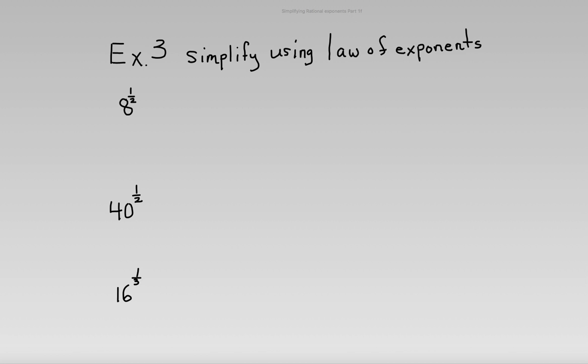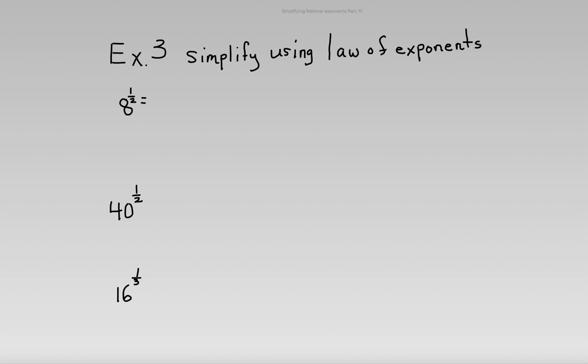Those were straightforward, where when I took the square root, I got a whole number. When I took the cube root, I got a whole number. Well, sometimes you won't always get whole numbers.